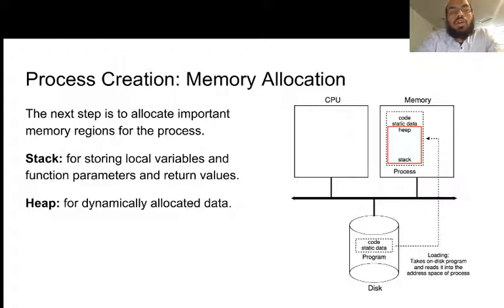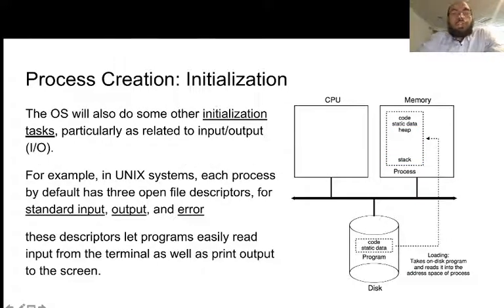Heap is not something you load from disk to memory; it gets filled in as you run the program. It doesn't have to be loaded from the hard disk. And then you initialize the process.